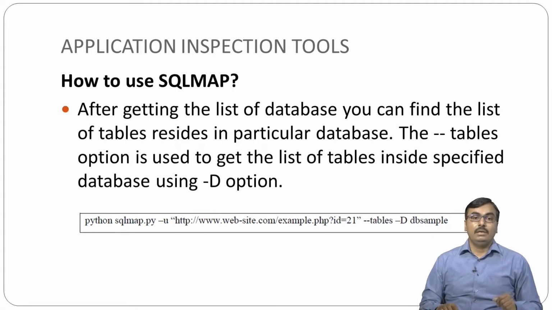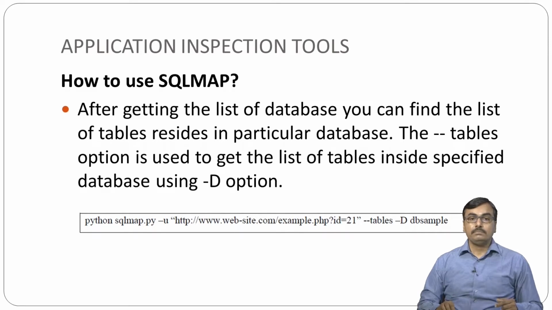By observing this highlighted command, python sqlmap.py -u, then a vulnerable URL, and after that the parameter --tables, then the -D option for a specified database, whatever was found by the previous command.